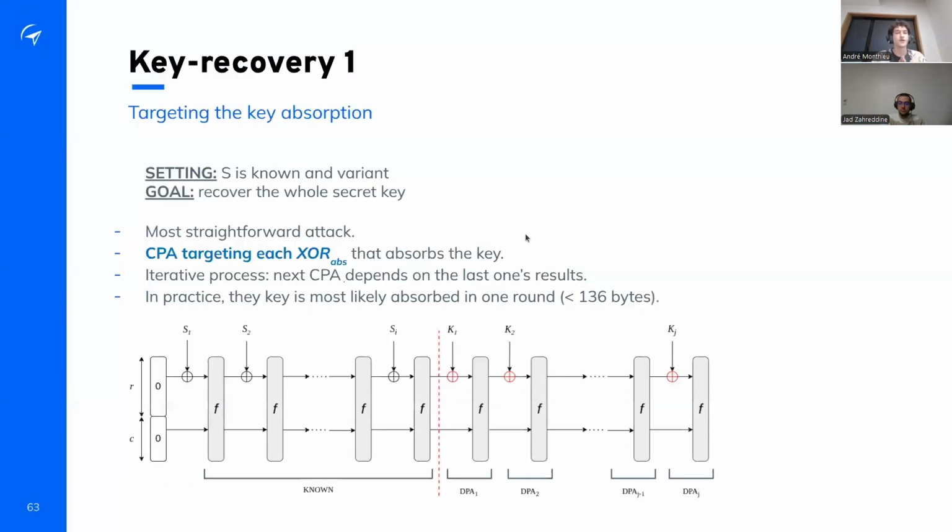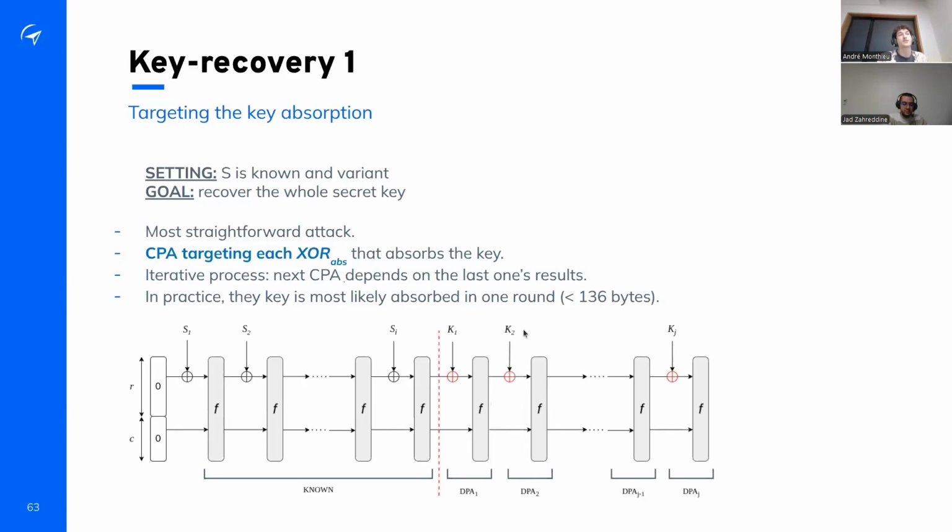So starting with the first key recovery, which targets the key absorption. In this setting, the customization string S is known and variant, and this really is the most straightforward attack. So it's basically a simple CPA targeting each absorbing XOR of the key, as you can see here in red. Note that this is an iterative process, which means that the next CPA depends on the last one's results.